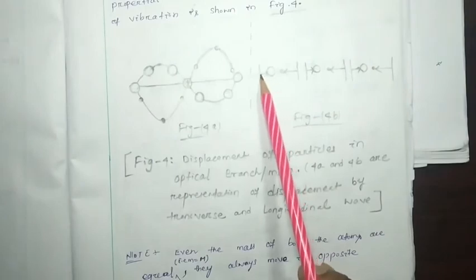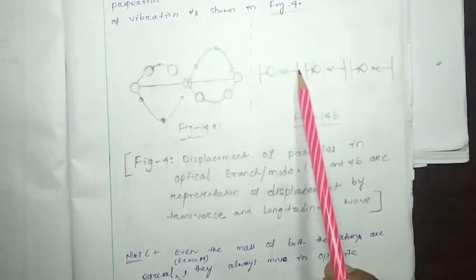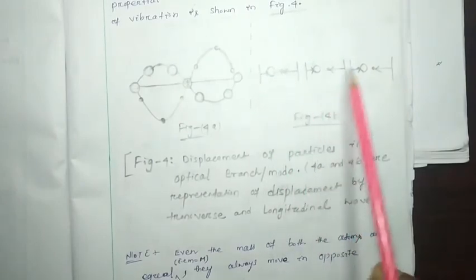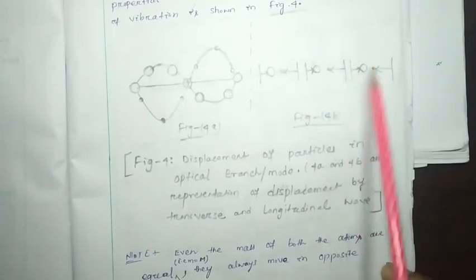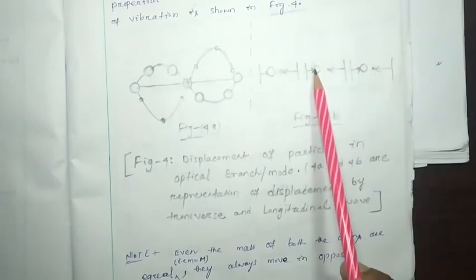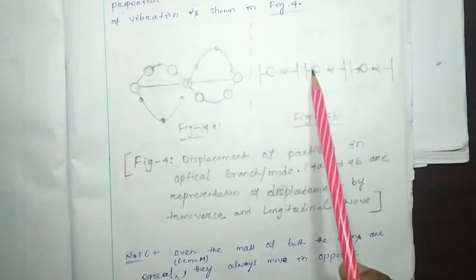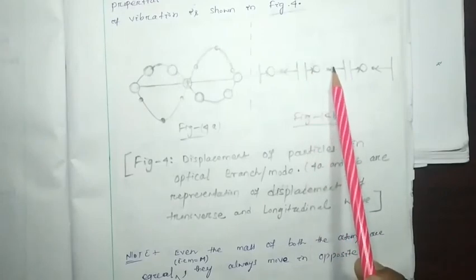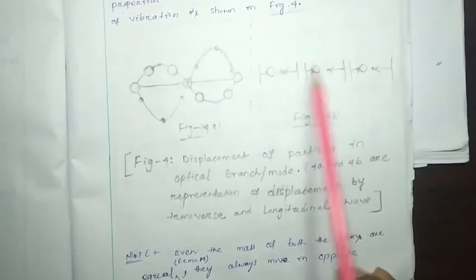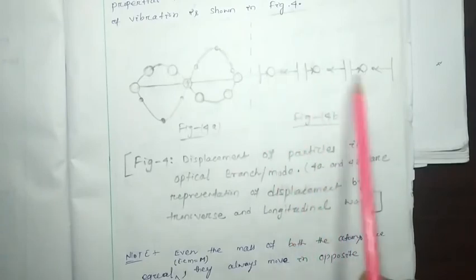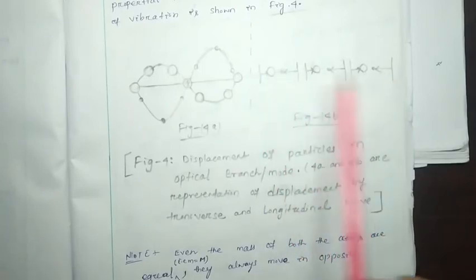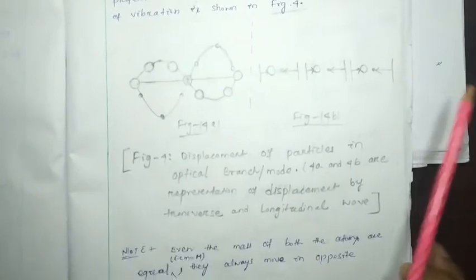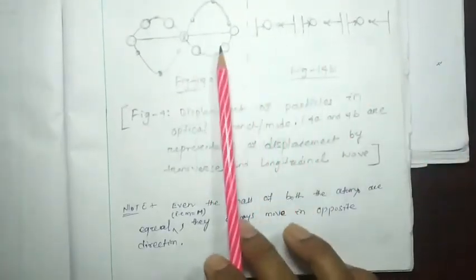If the larger mass is moving this way, the smaller mass will move this way. Larger mass moves a smaller distance, smaller mass moves a larger distance. Both are opposite with each other. This is the longitudinal representation, this is the transverse representation, but both meanings are the same.